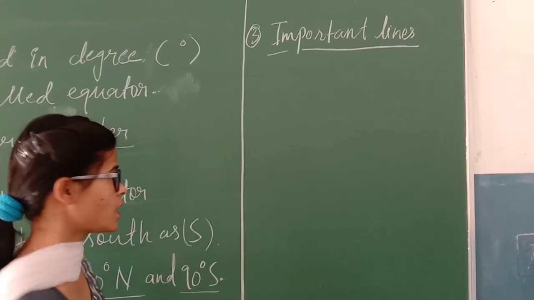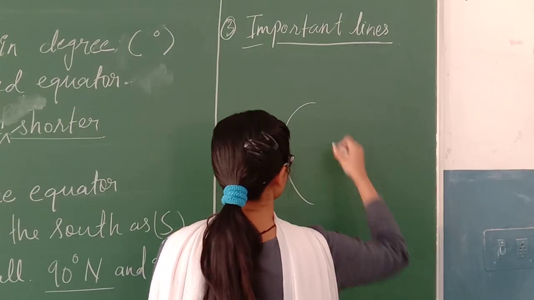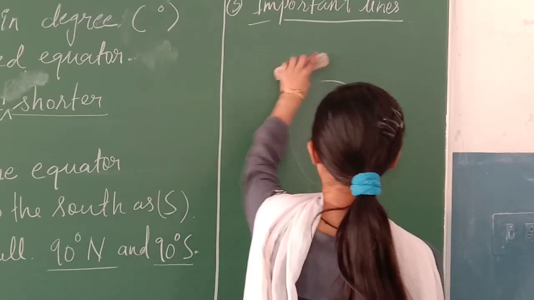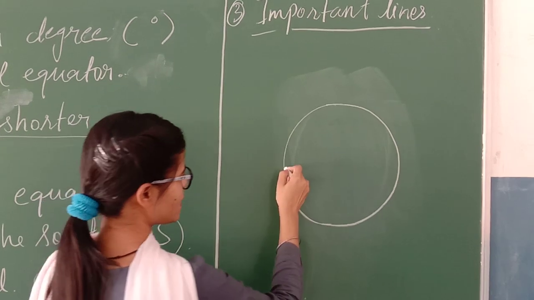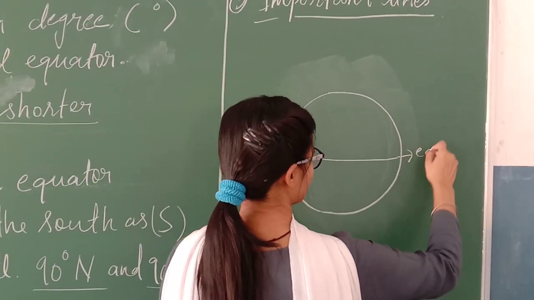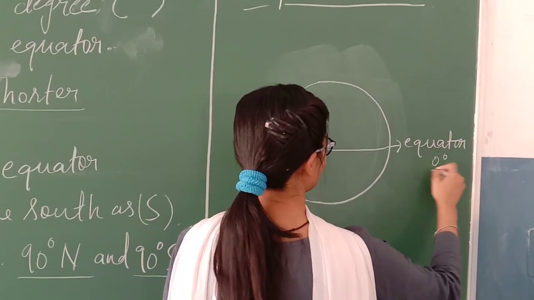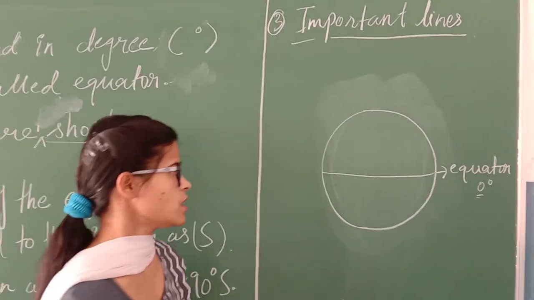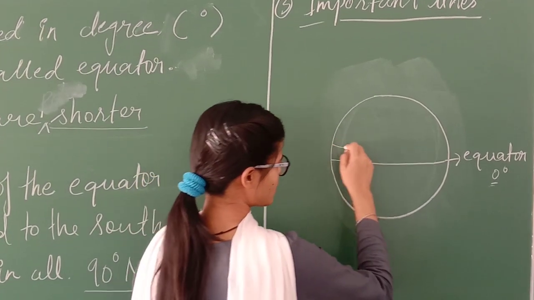I will explain you with the help of this diagram. Suppose that this is our earth. This is the first line, that is equator, and this equator is at the angle of 0 degree. The second important line is this.